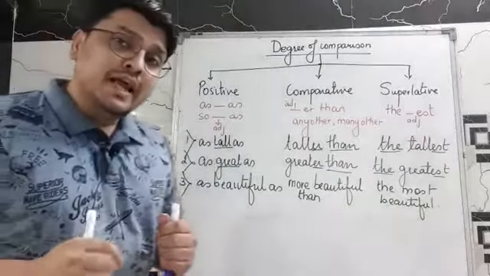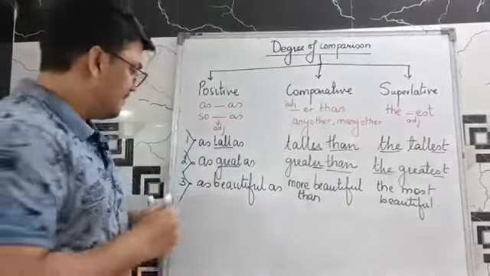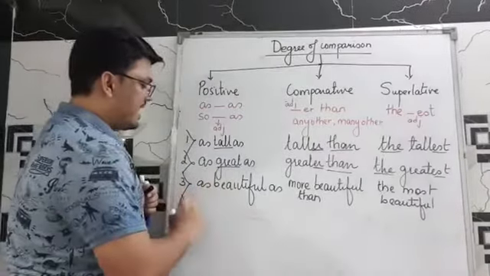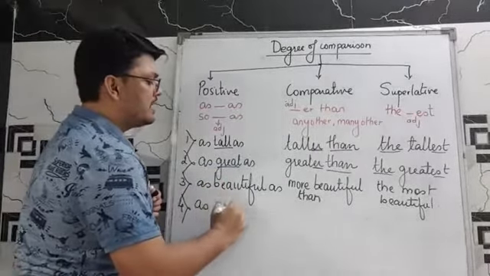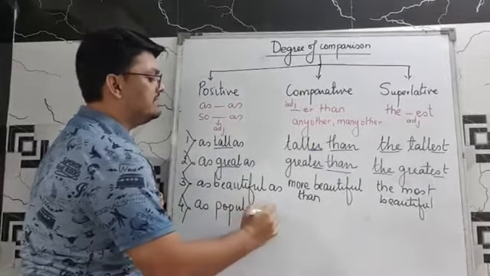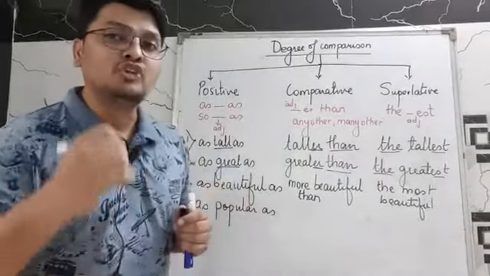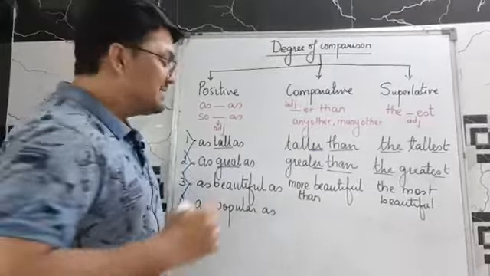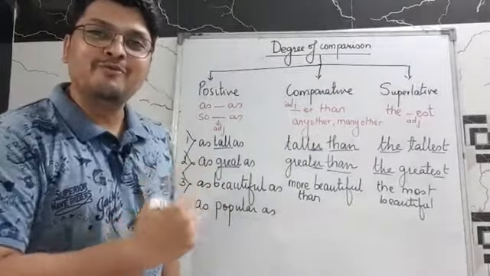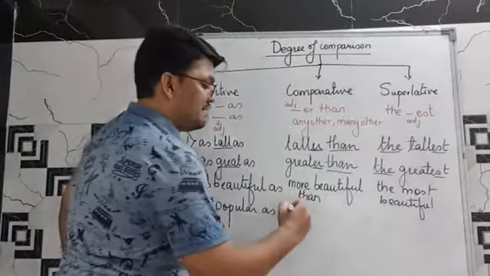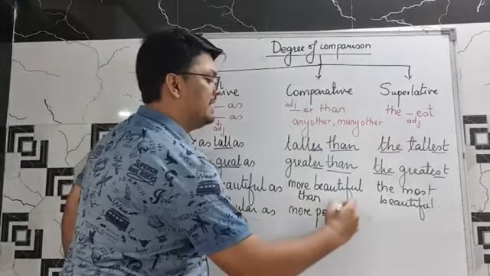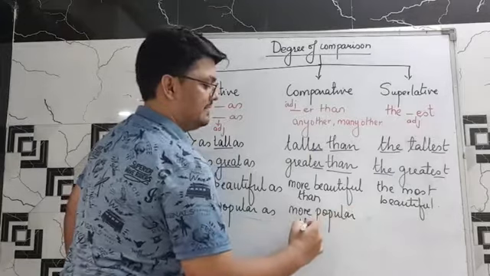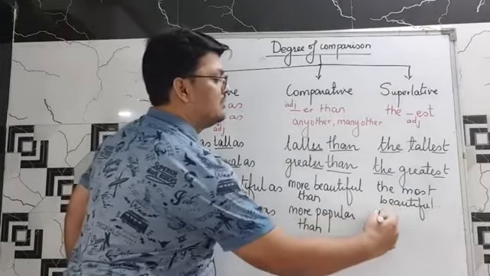Now student, let's take one more example. The fourth one is as popular as. Here also we have an adjective with two or more syllables. So here also popular will turn into more popular than, and the most popular.